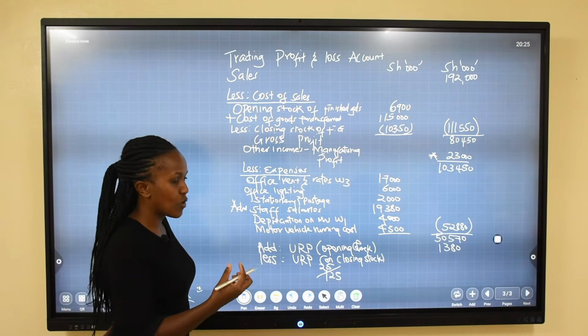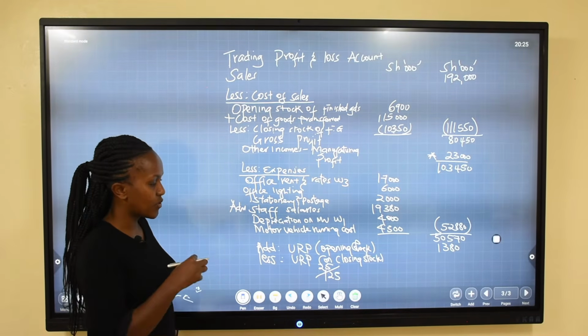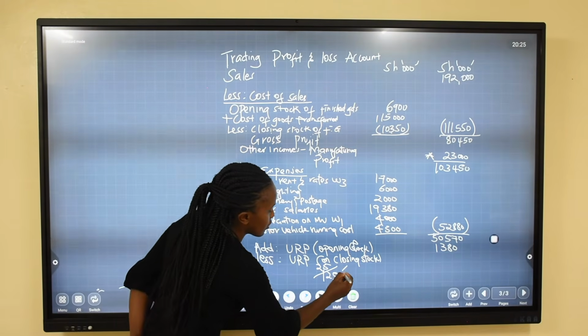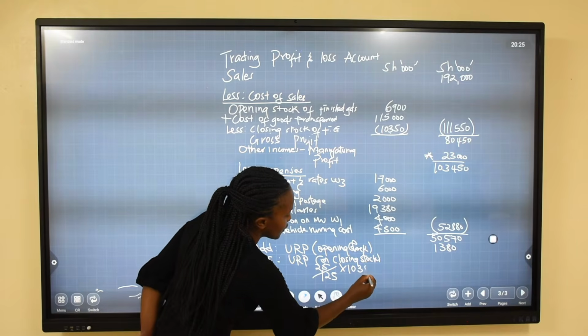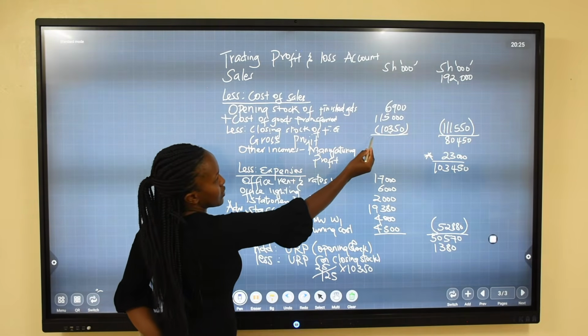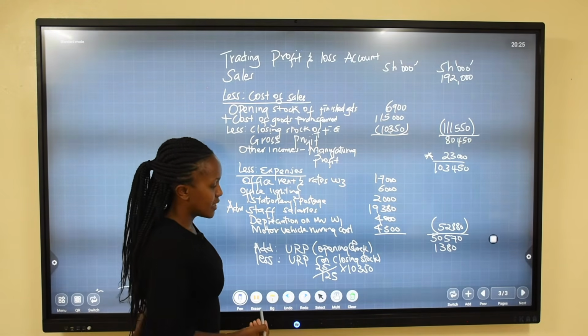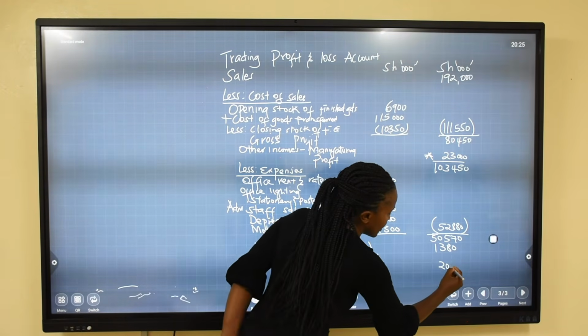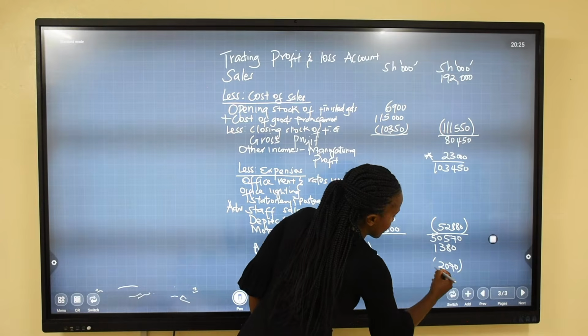So we are saying the URP or unrealized profit is 25 over 125 multiplied by closing stock. Closing stock is 10,350, and this is going to give us 2070, which we are going to less.